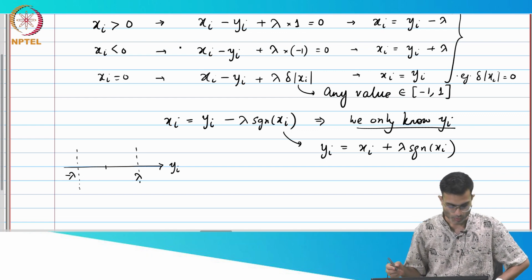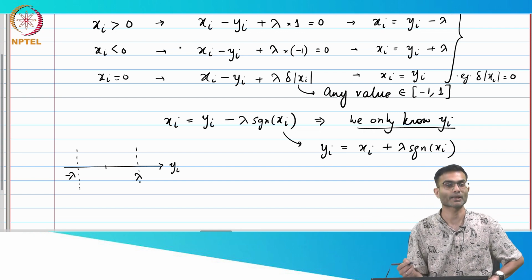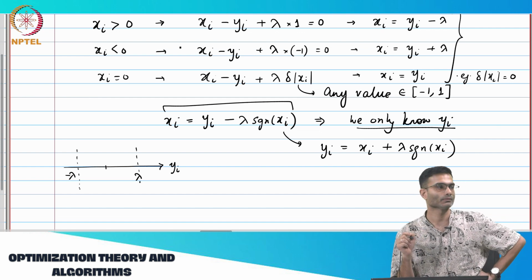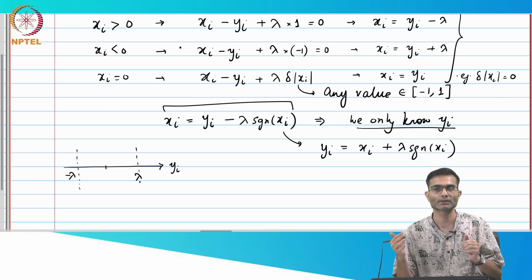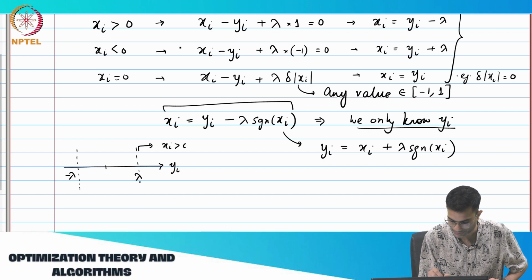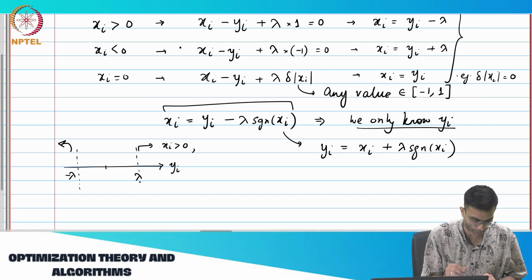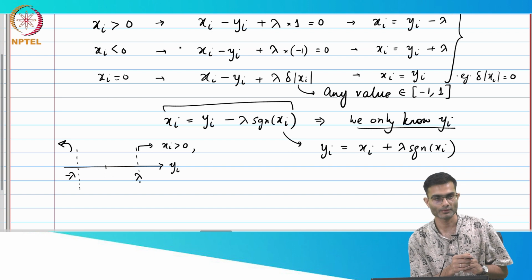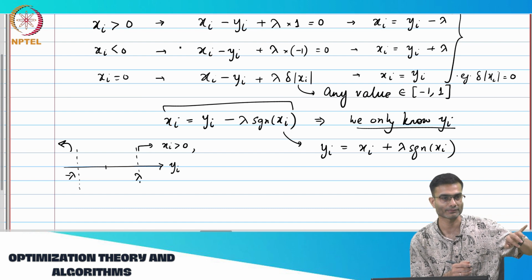So if yi is greater than lambda, look at this expression over here. It is compatible with what set of numbers for xi? Positive, right? So over here xi is greater than 0. If I am over here, where am I? Yi is less than minus lambda, and xi is actually negative.